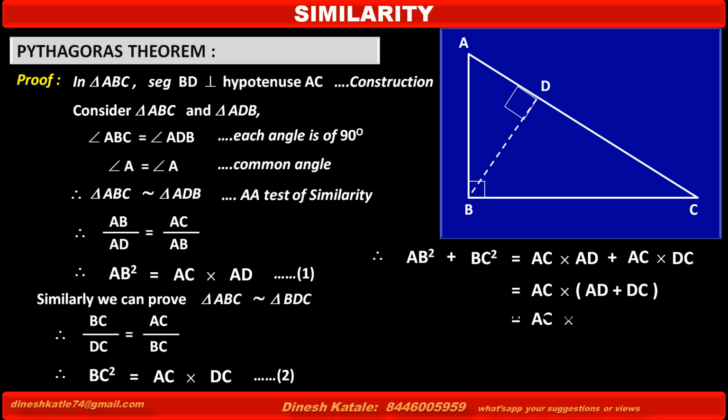Here A, D, C are collinear and D is in between A and C, so AD plus DC is AC. This is equal to AC into AC, that is AC square. Hence we proved Pythagoras theorem. AC square is equal to AB square plus BC square, that is BC square plus AB square.